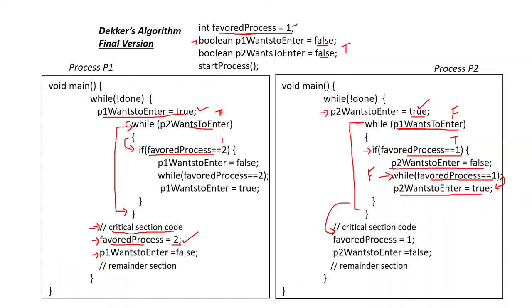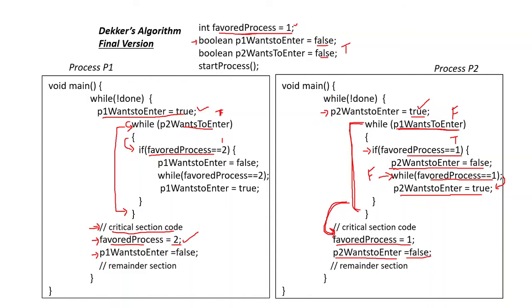So P2 will now come out of this entire while loop and enter into the critical section. After that, it will again change the value of the favored process to 1. Then P2 wants to enter is changed to false, and then it will execute the remainder section.